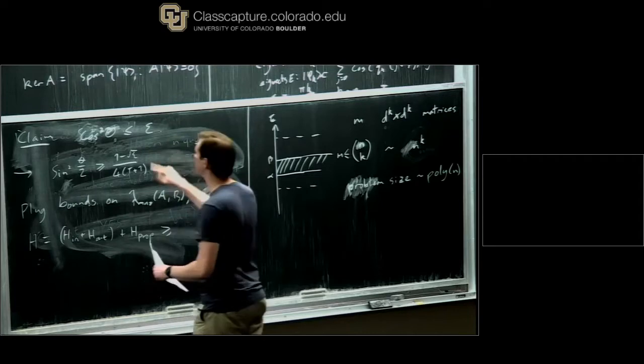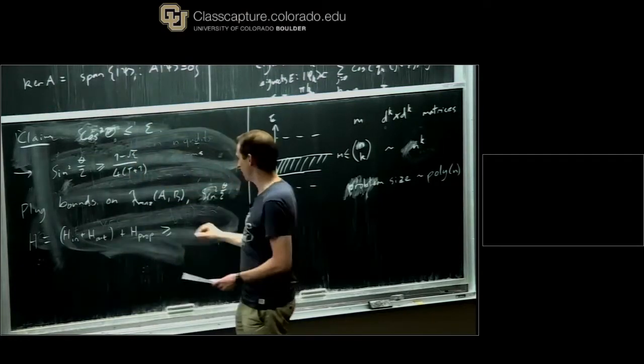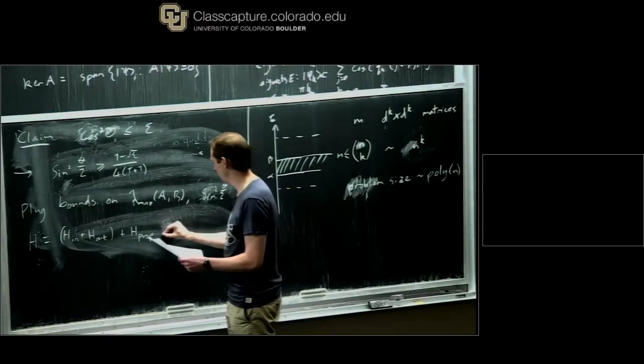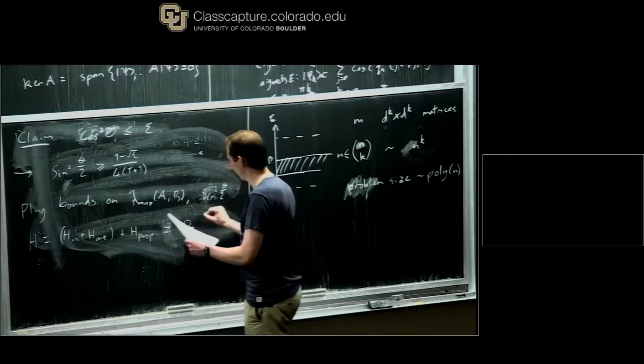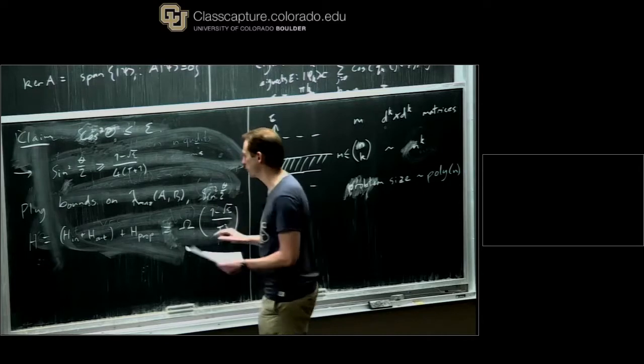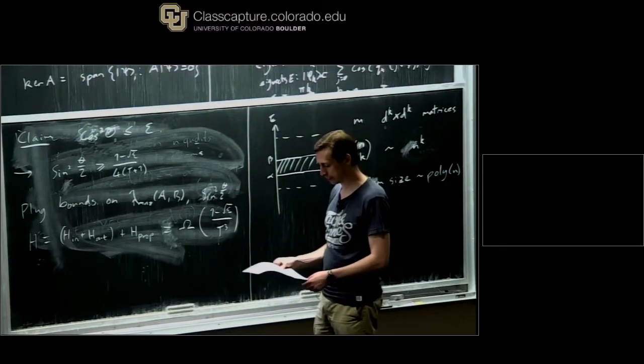Plugging these values into that expression here, I don't actually care about the constants. This is lower bounded by 1 minus root epsilon over t cubed, literally just from plugging in the expressions and doing some simple trigonometry.